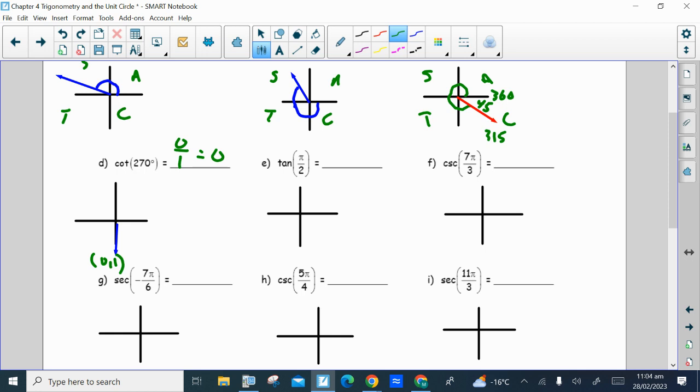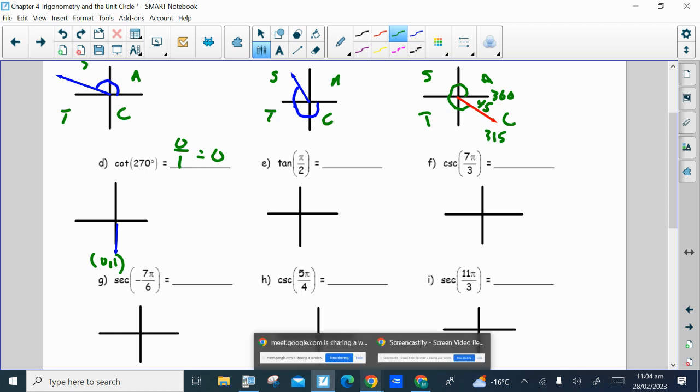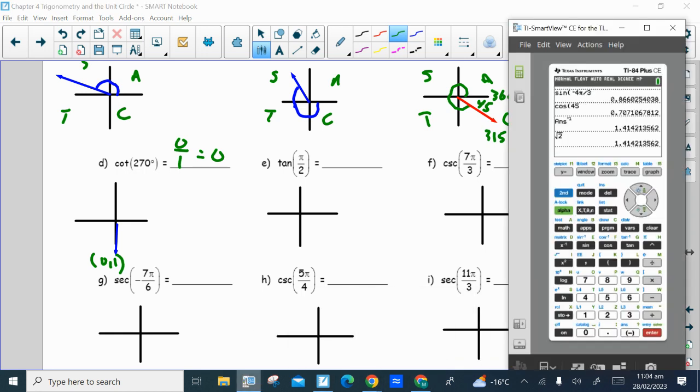To do this on your calculator, you can't really, because when you take the tangent of 270, it gives you an error, because that is undefined. And if you try and take the reciprocal of that, let's see what happens. Yeah, it doesn't work. It takes the reciprocal of the previous answer that actually worked, which was the 1.414.